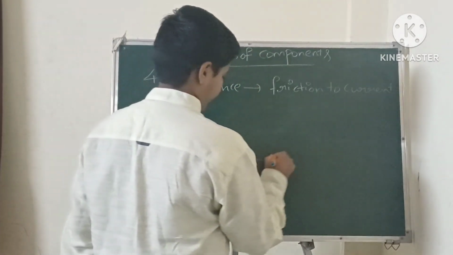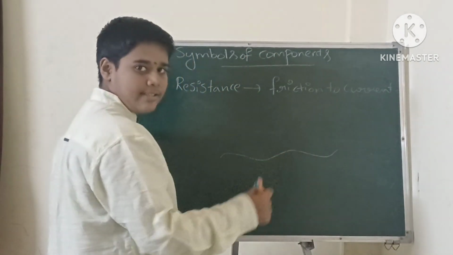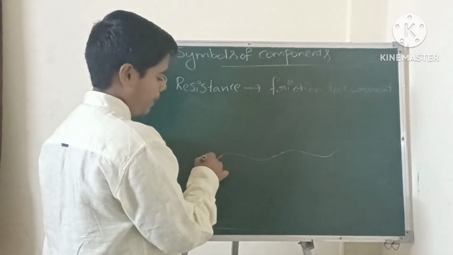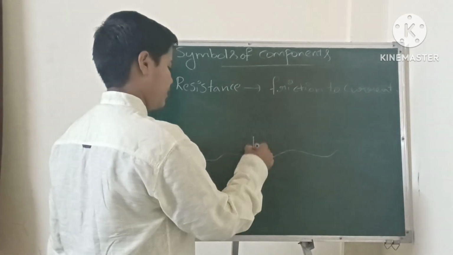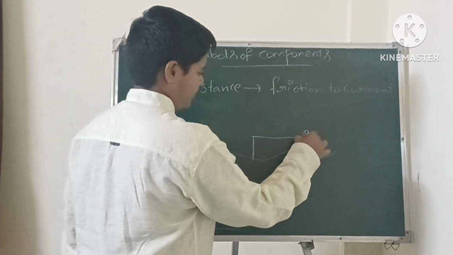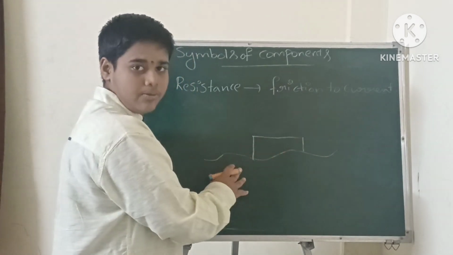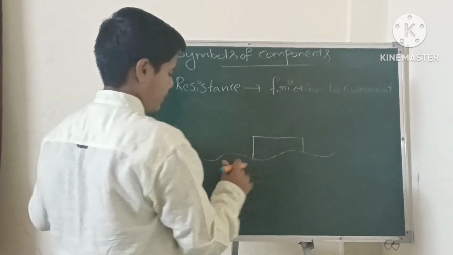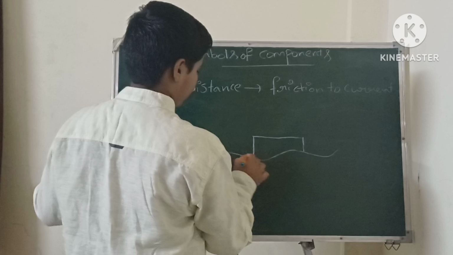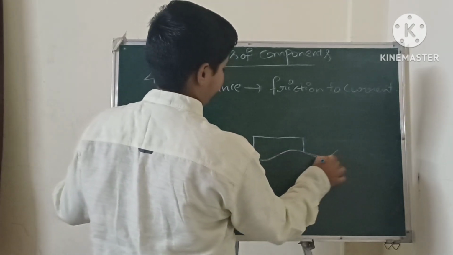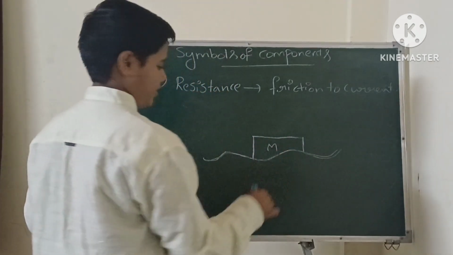If I take it like this, it is a frictional path. Frictional means there is a rough surface on the ground. This is the frictional surface and this is the object.